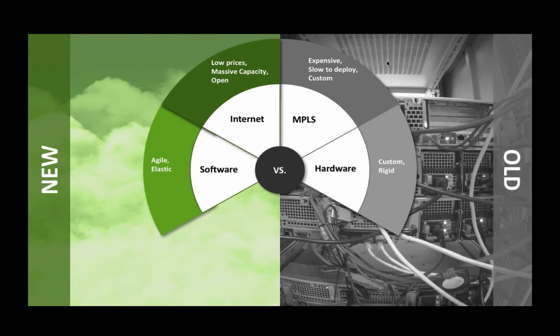The second element is software versus hardware. Ten years ago, we had to build everything in custom hardware design in order to achieve performance. So everything was rigid and slow.